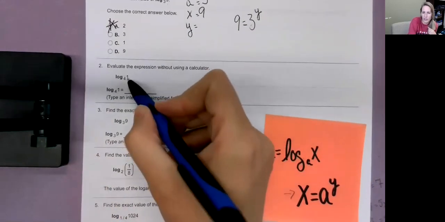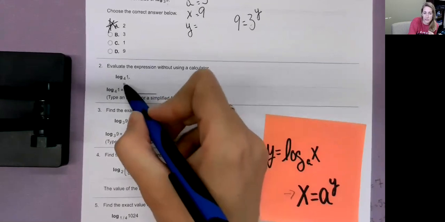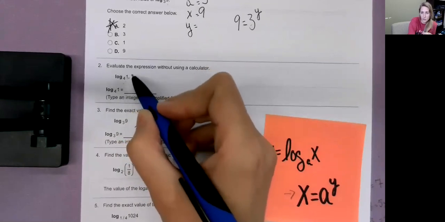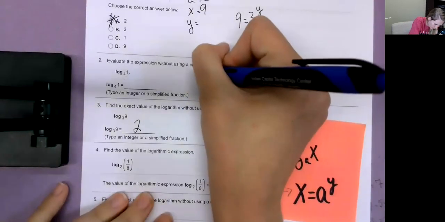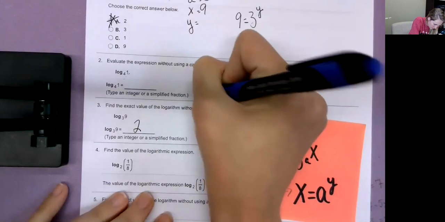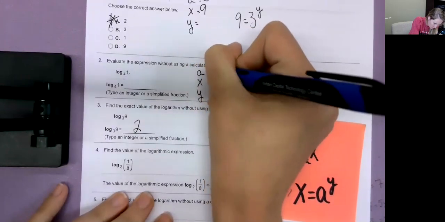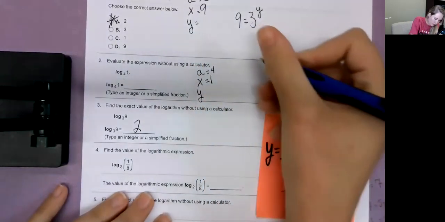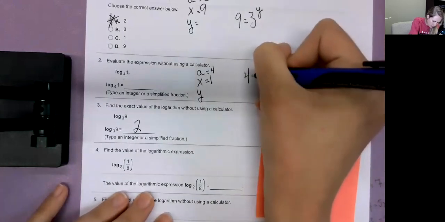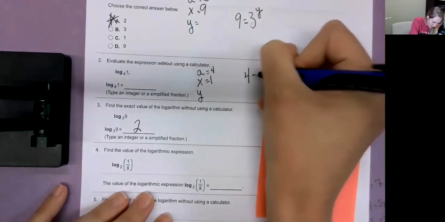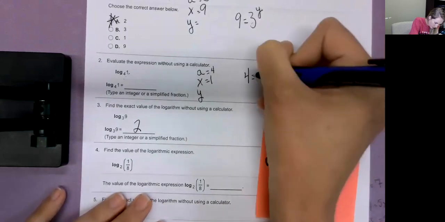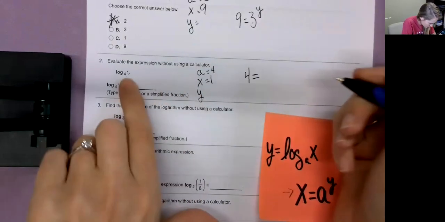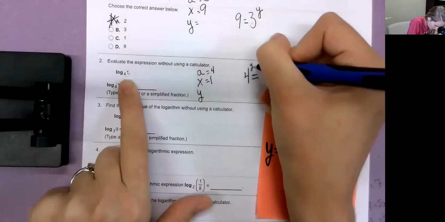Okay, so here we go. If we have one that has a base of 4 or a base of anything and the main number is 1, it's going to be 0, but we're going to do this real quick. So a, x, y, our a is 4, our x is 1, we don't know y. So 4 to the y power equals 1.